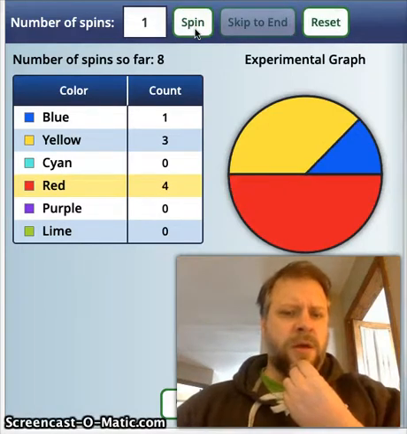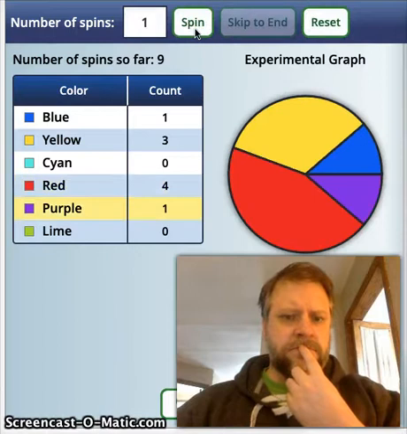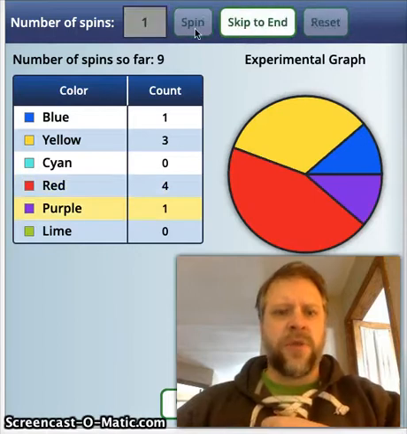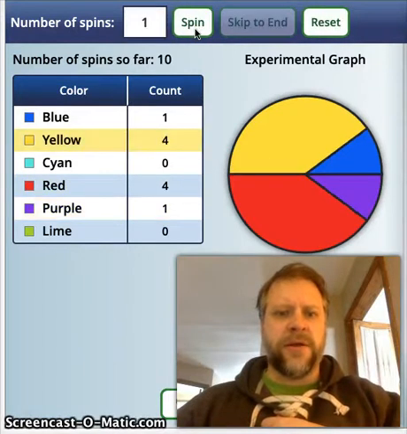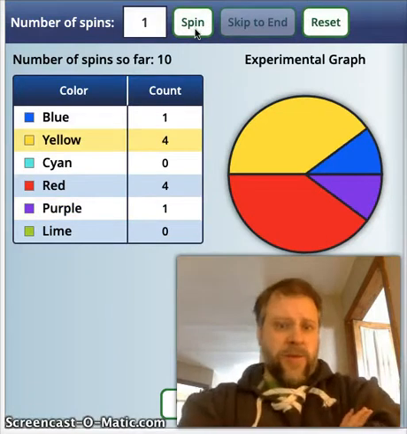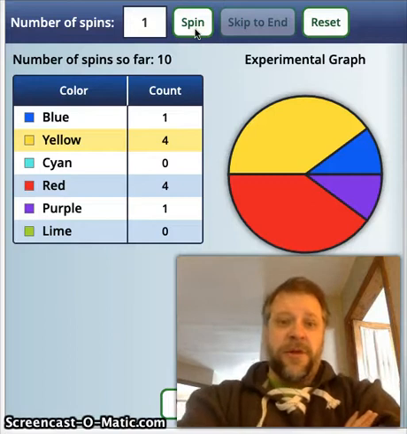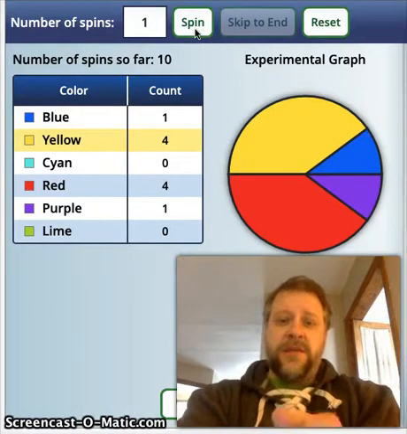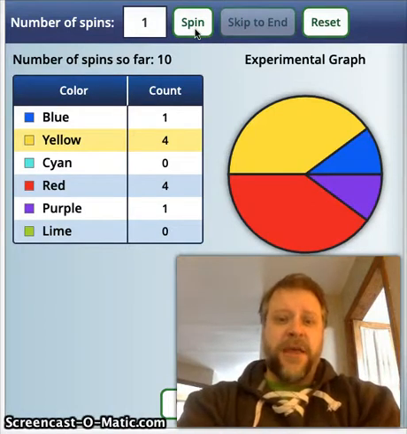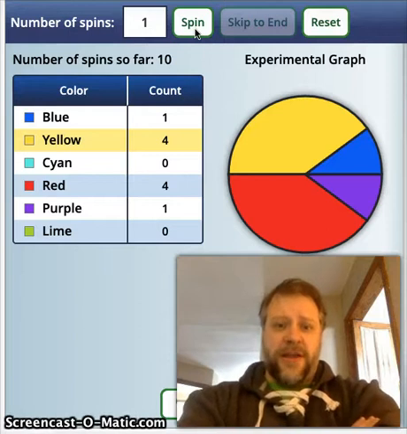I'm at 8, so 2 more spins. Oh, there's purple. And 1 more spin. Yellow. Well, I never got cyan, which is that light blue, and I never got lime, which is the light green. And this must be, after 10 spins, what my graph actually looks like.